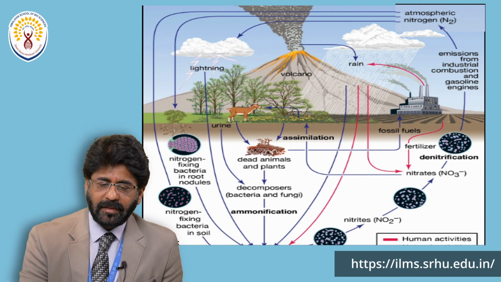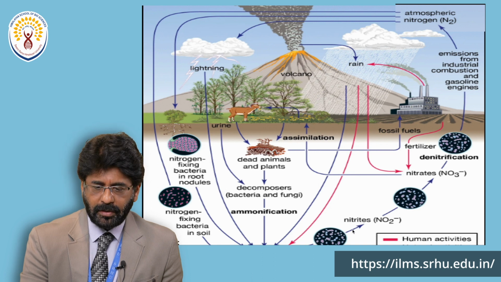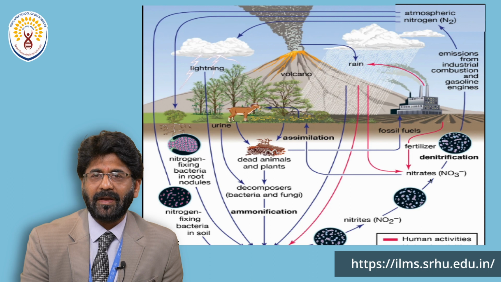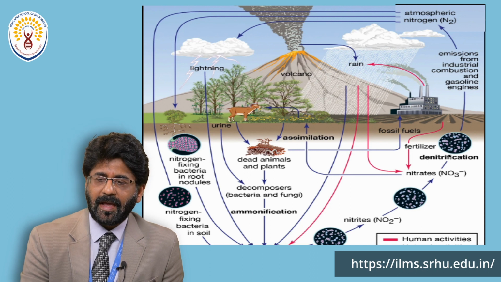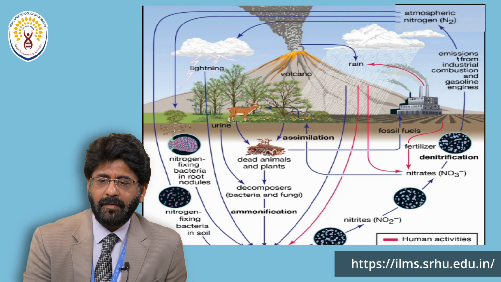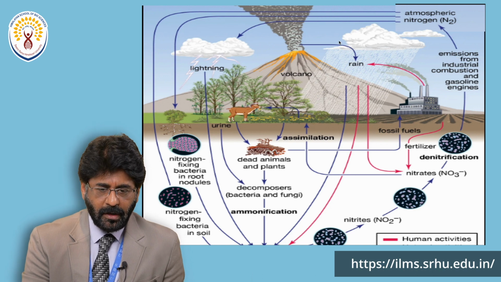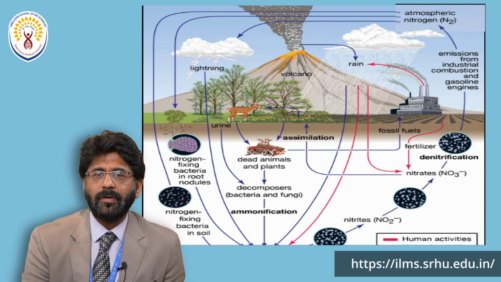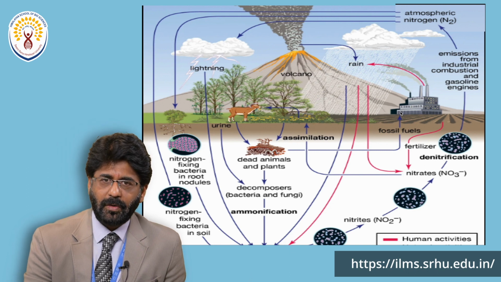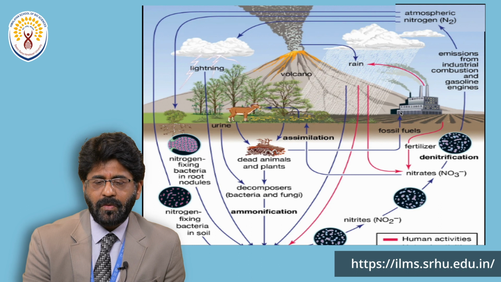Ammonia is converted into nitrites and these nitrites are converted into nitrates, and further, with the help of denitrification, the nitrate returns to the atmosphere. So this is how the movement of nitrogen takes place in the environment, from the atmosphere to the lithosphere and from the lithosphere to the atmosphere.